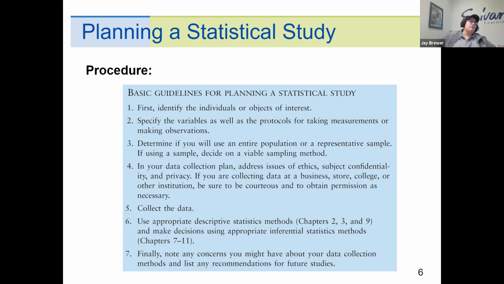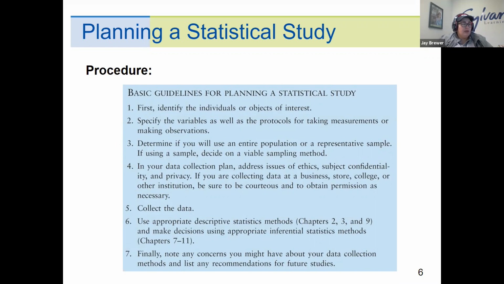Okay, so here's the first thing you're going to need to do. We have to identify the individuals, participants, or objects of interest. So if you don't know who or what you want to study, obviously your statistical study is not going to be going too far. Okay, you want to specify the variables as well as the protocols for taking measurements or making observations.